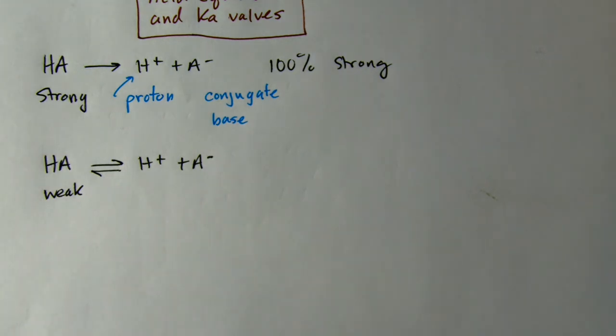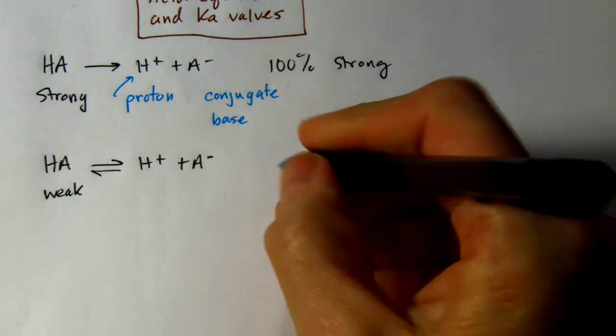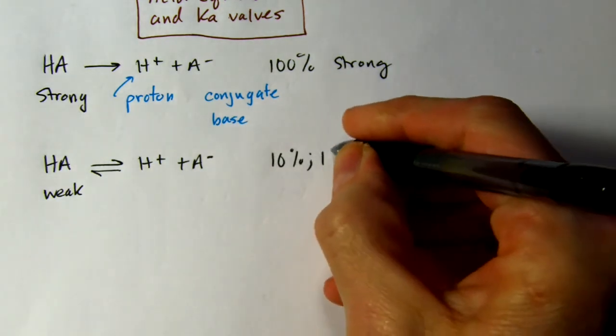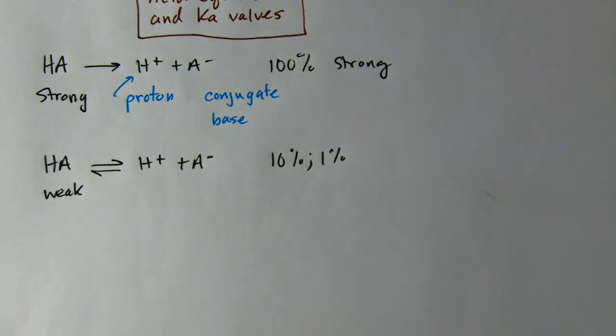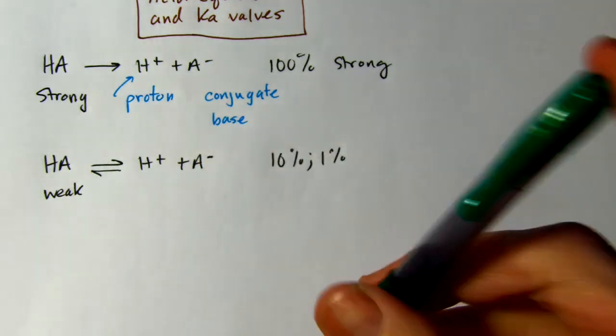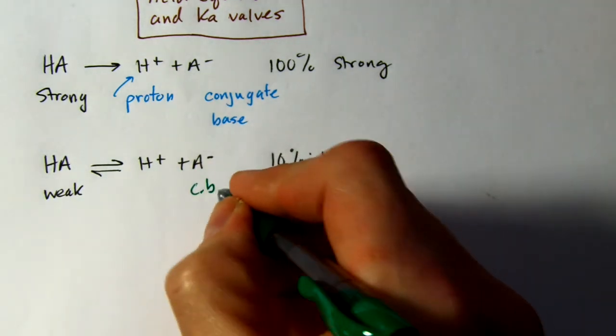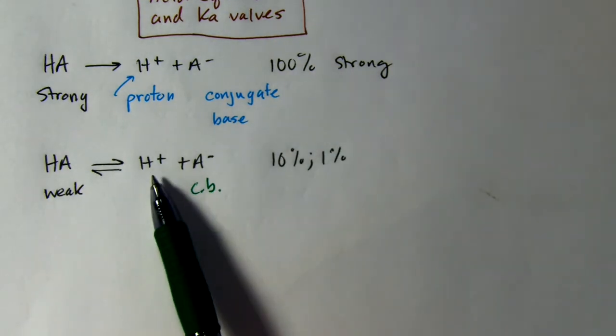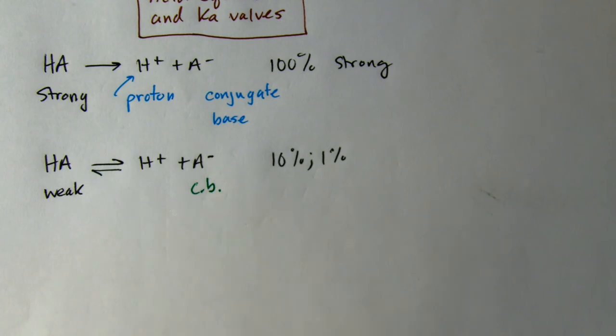We still have the proton, we still have the conjugate base, but the dissociation is more like 10% and probably 1% or so. And that tells us something about the conjugate base here. This time the conjugate base, and we'll just call that CB, does have attraction properties towards H+. So what's the difference?